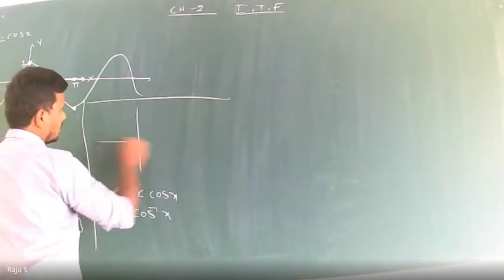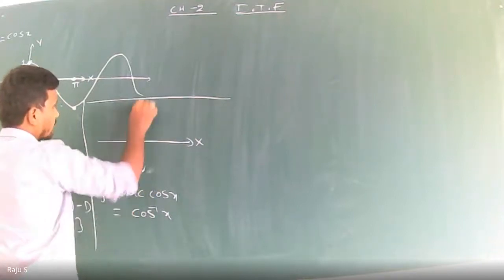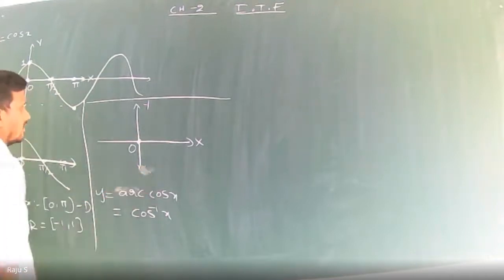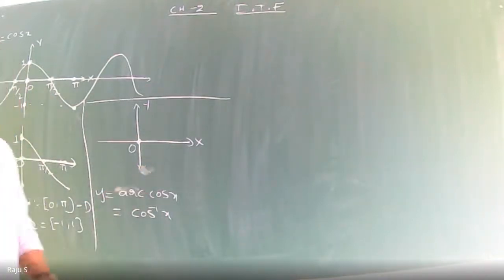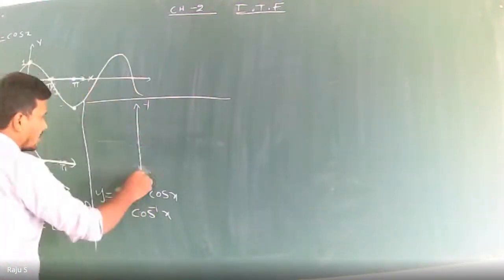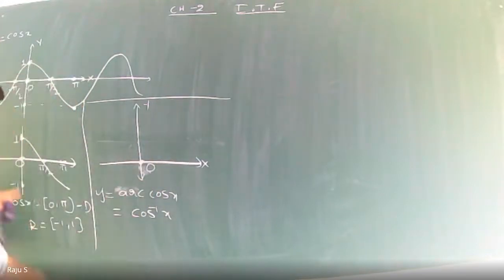Again here, this is the x-axis, this is the y-axis, this is 0. Can anyone tell me what goes here? The x value becomes the y value and the y value becomes the x value. The x values are 0, 90, 180, and this is pi by 2.